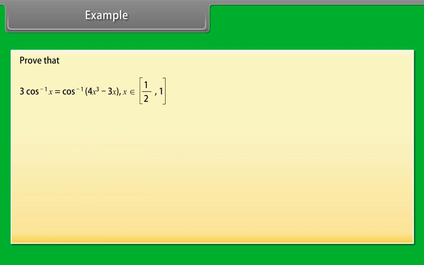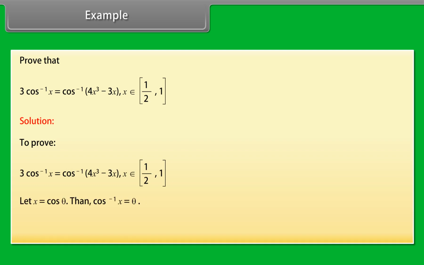x belongs to [1 by 2, 1]. Solution. To prove 3 cos inverse x is equal to cos inverse of (4x cube minus 3x), x belongs to [1 by 2, 1]. Let x is equal to cos theta, then cos inverse x is equal to theta.